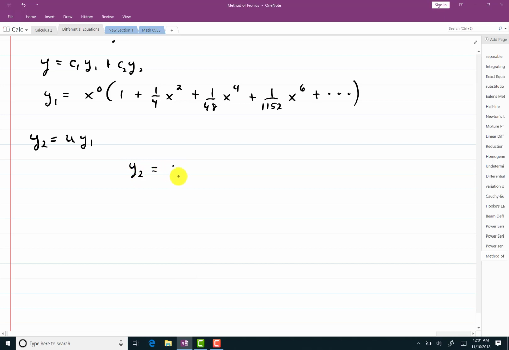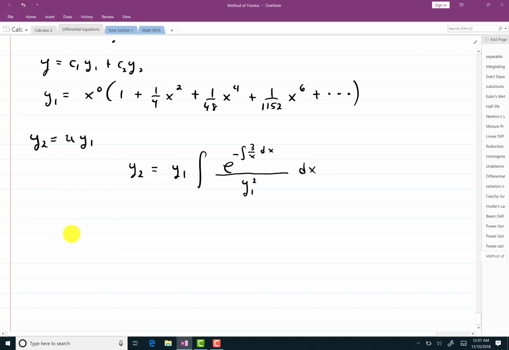You're going to have y1 times the integral of e to the negative, and in our case, 3 over x, which is the coefficient on y prime. Then you're going to divide by y1 squared.